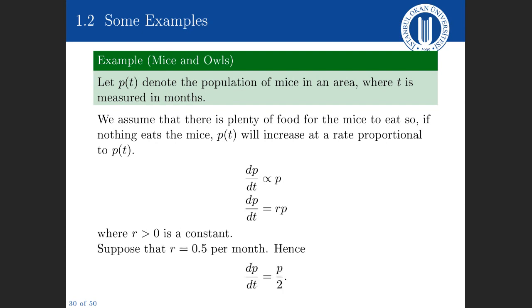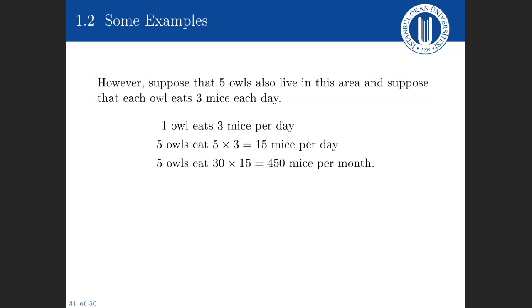And just to make this easy, let's put a number in. Let's suppose that our constant r is 0.5 per month. So far we've got the differential equation dp/dt is equal to p over 2. However, I said that was if nothing eats the mice. Let's suppose that 5 owls also live in this area, and let's suppose that each owl eats 3 mice each day.